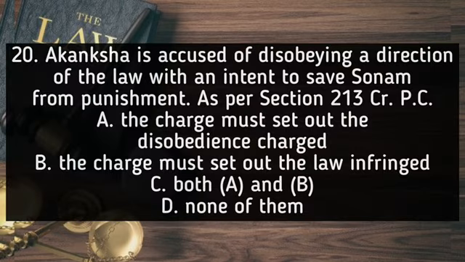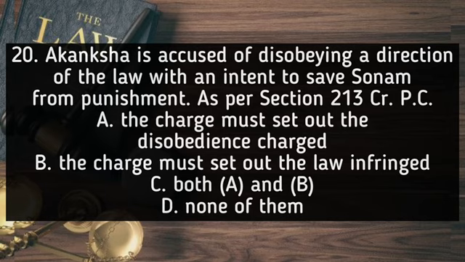Next question is, Akanksha is accused of disobeying a direction of the law with an intent to save Sonam from punishment, as per Section 213 CrPC. The options are A, the charge must set out the disobedience. Option B, the charge must set out the law infringed. Option C, both A and B. Or option D, none of them.